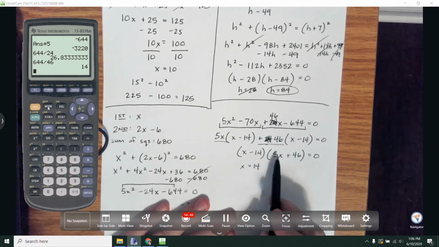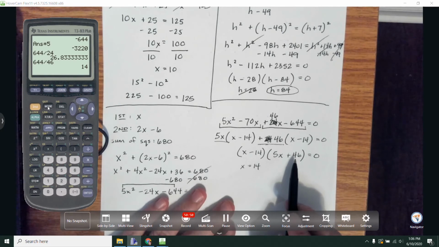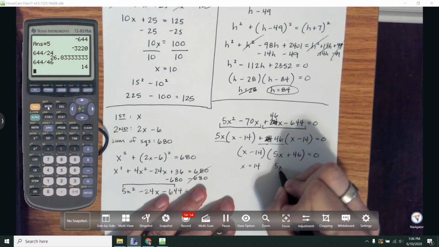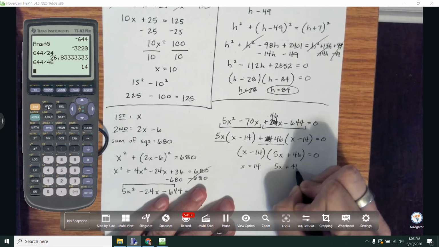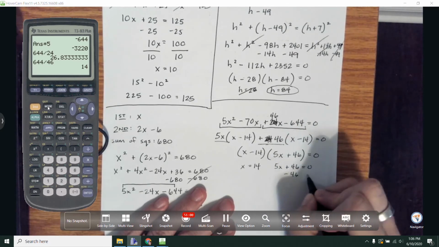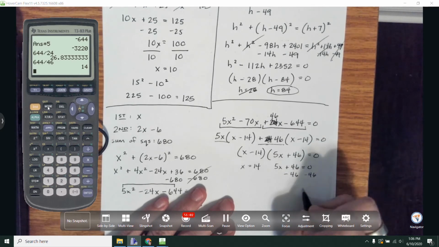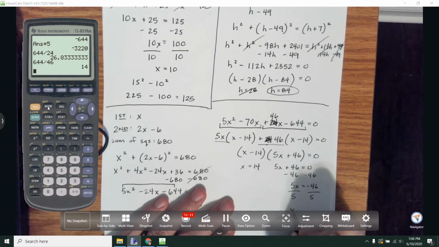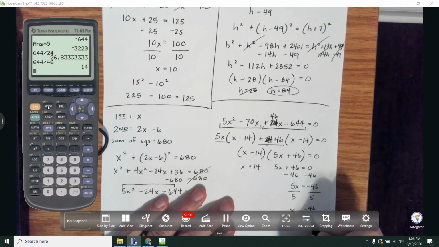You might have to work this all the way out, but let me work it out and then I'll explain the fast way to do it on these. We're going to set this equal to 0. We're going to subtract 46, so that gives us 5x equals negative 46, and then divide both sides by 5, and x equals negative 46 over 5.